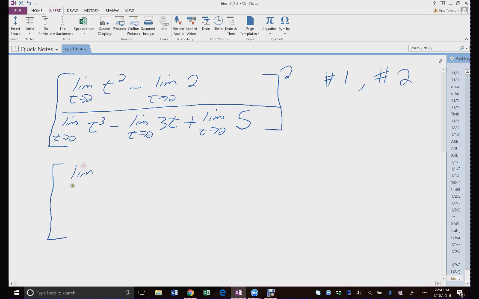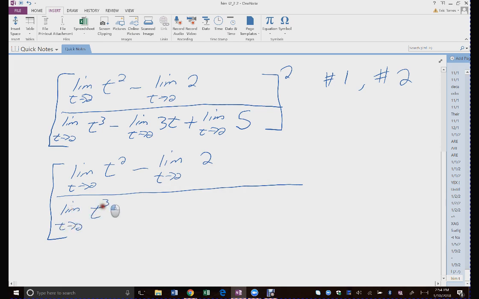The limit as t goes to 2 of t squared minus the limit as t goes to 2 of 2, all over the limit as t goes to 2 of t cubed minus 3 times the limit as t goes to 2 of t, and that was justified by limit law 3.